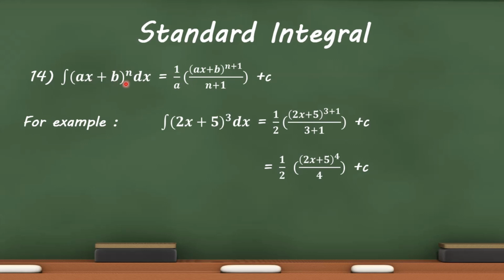Integration of (ax plus b) power n, prepare also this result, equals 1 upon a into (ax plus b) power n plus 1 upon n plus 1, plus a constant c.